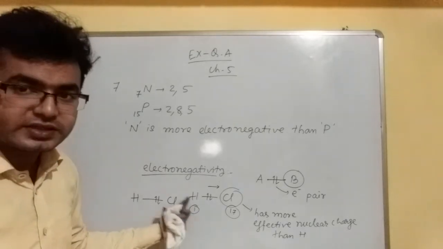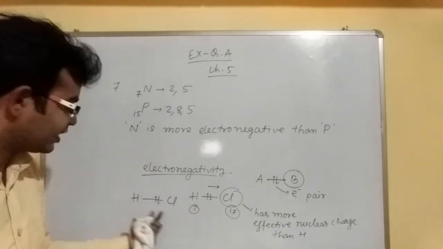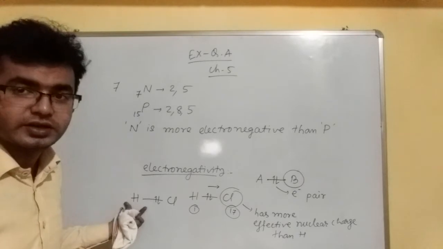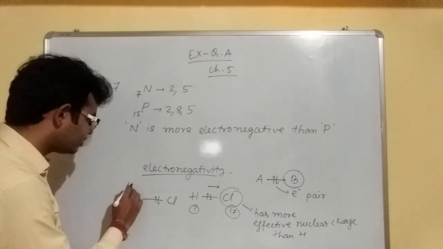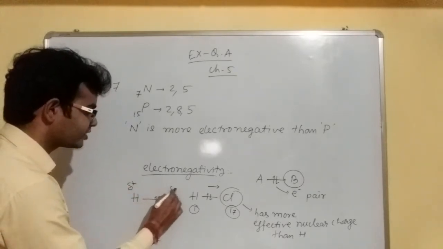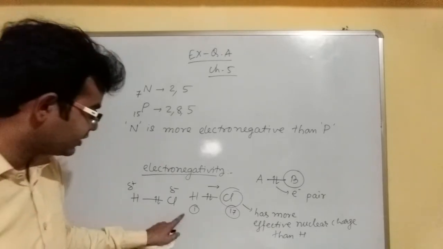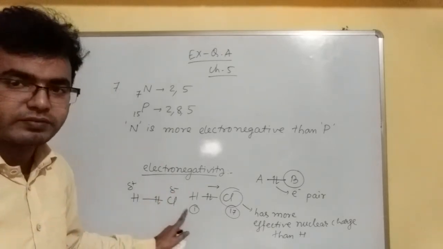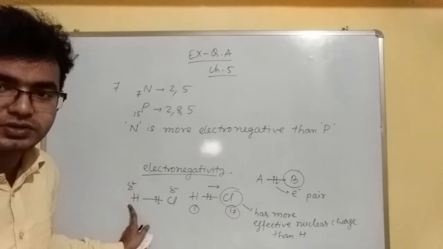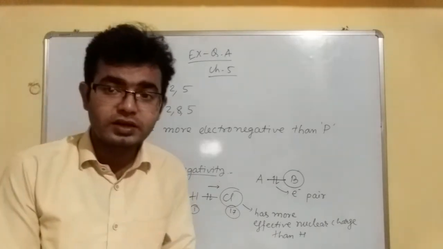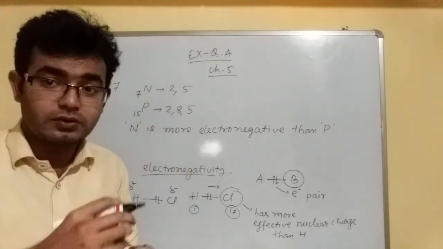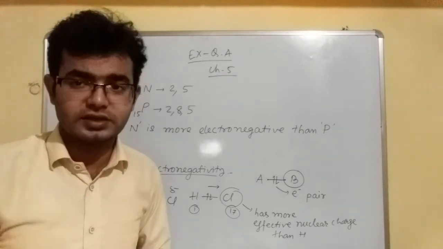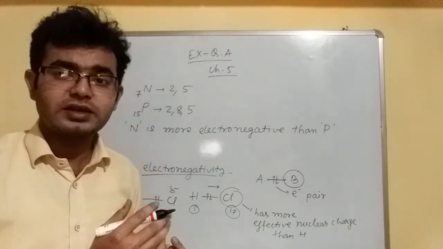So the electron density of the chlorine atom will increase and the electron density of the hydrogen atom will decrease. So hydrogen will be partially positively charged and chlorine will be partially negatively charged, as the electron cloud increases on the chlorine atom and decreases on the hydrogen atom. They do not dissociate fully, but one of them has more electron density and the other has electron deficiency.